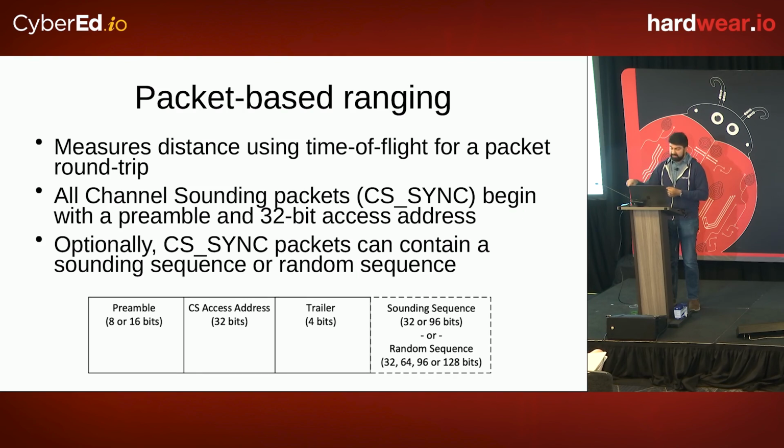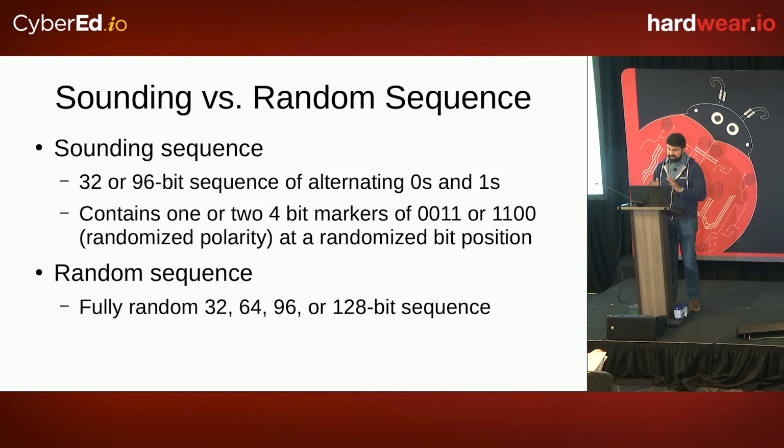Optionally, after the access address and the 4-bit trailer, which is fixed, you can have another 32 to 128-bit sequence of bits that's either partially or fully random. For the sounding sequence, which is a partially random form of trailer, it's either 32 bits or 96 bits, and it's mostly just alternating ones and zeros.